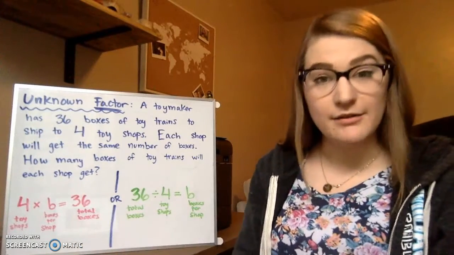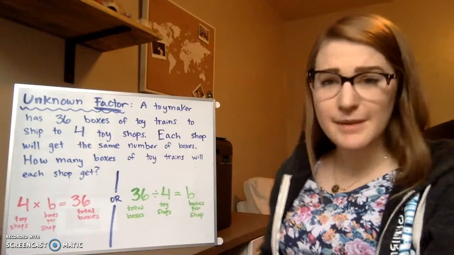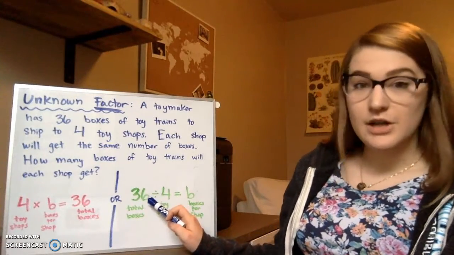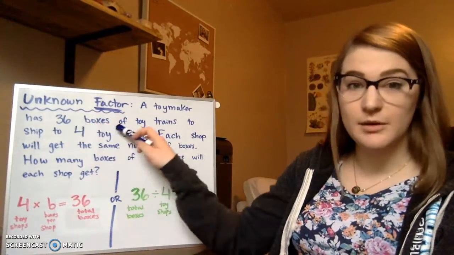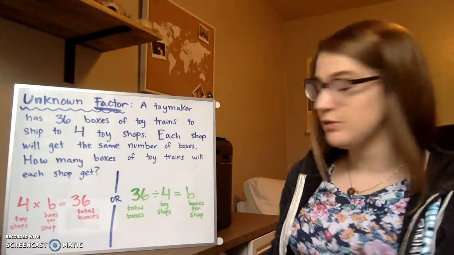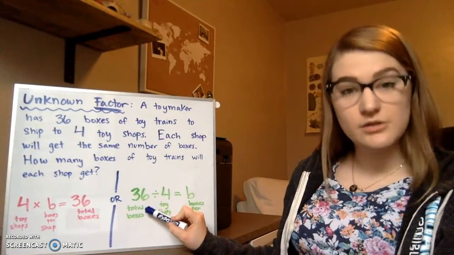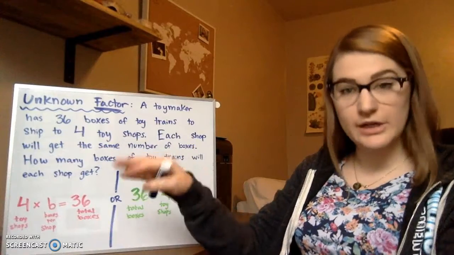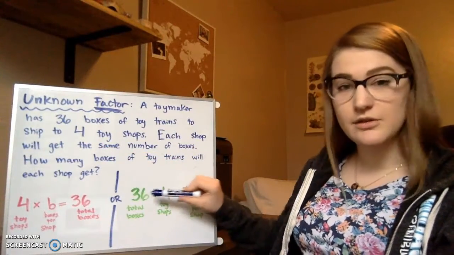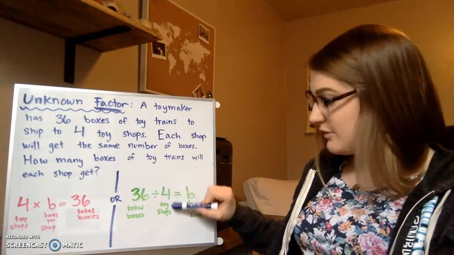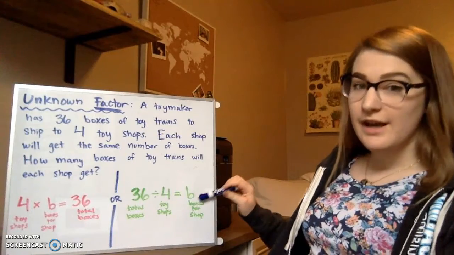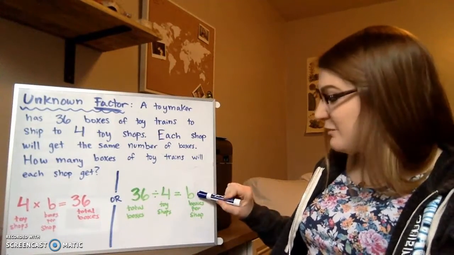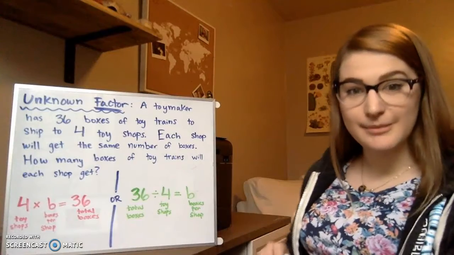Another way that you might have thought about it is by using division. So if you started out with your total number of boxes that the word problem told you, you could do 36 total boxes divided by the 4 toy shops that they need to go to. 36 divided by 4 toy shops equals a b variable amount, this many boxes per shop.